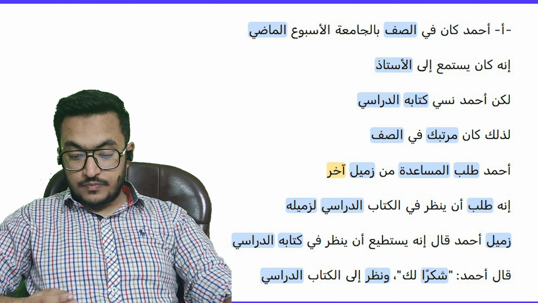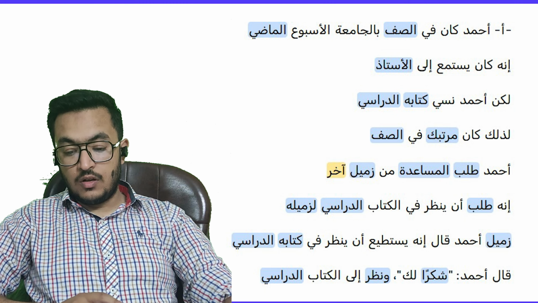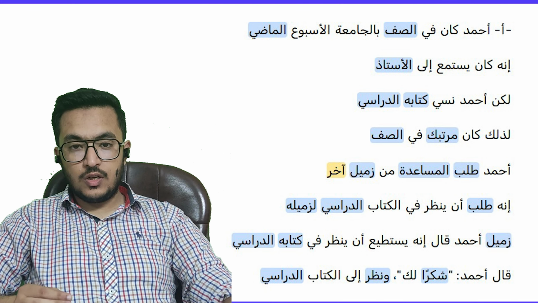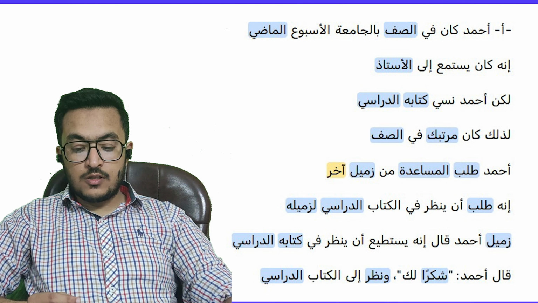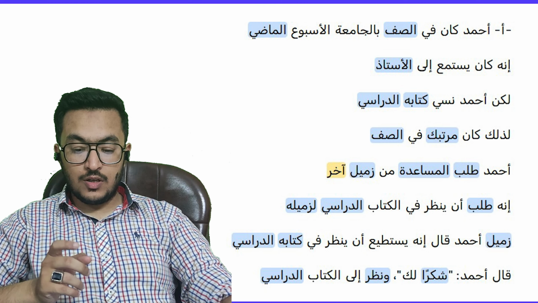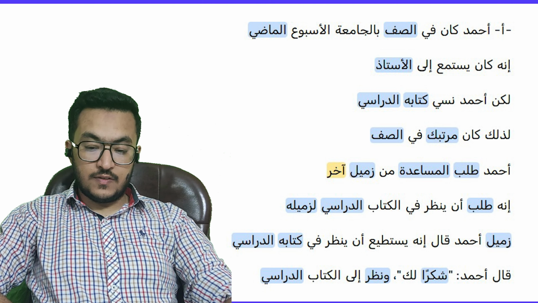So that he can أن ينظر, look في كتابه الدراسي at his book for the lesson. قال أحمد, Ahmed said, شكرا لك, thank you. ونظر إلى الكتاب الدراسي, and he looked at the book of the lesson.